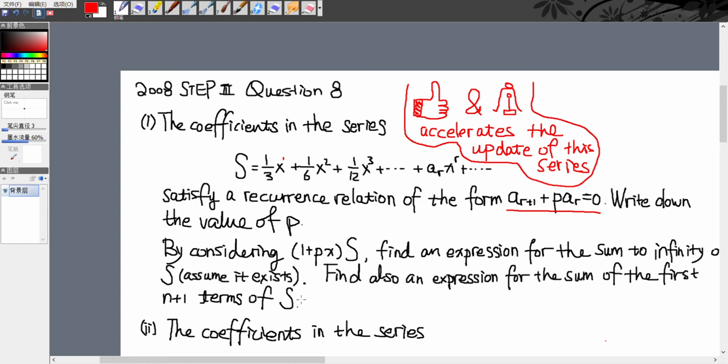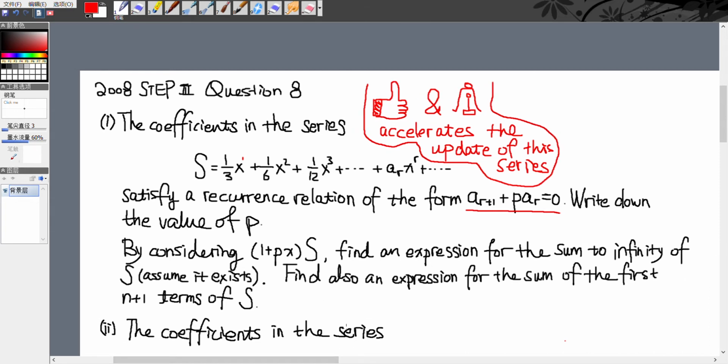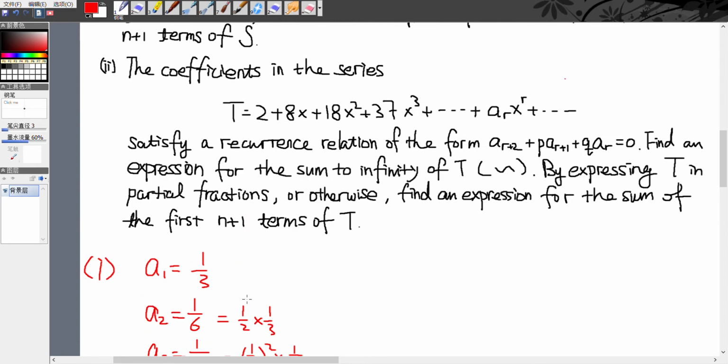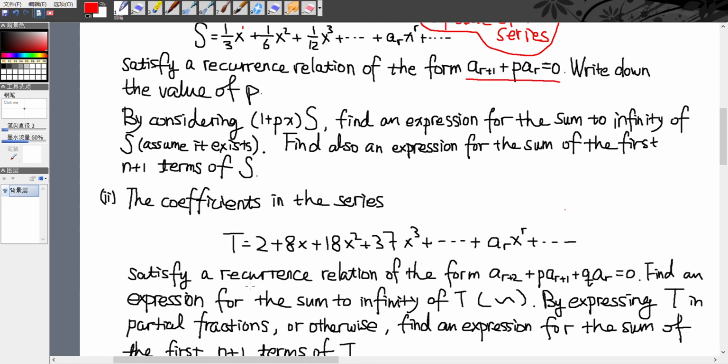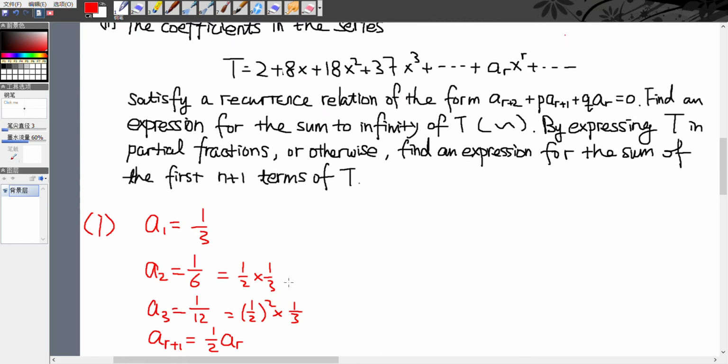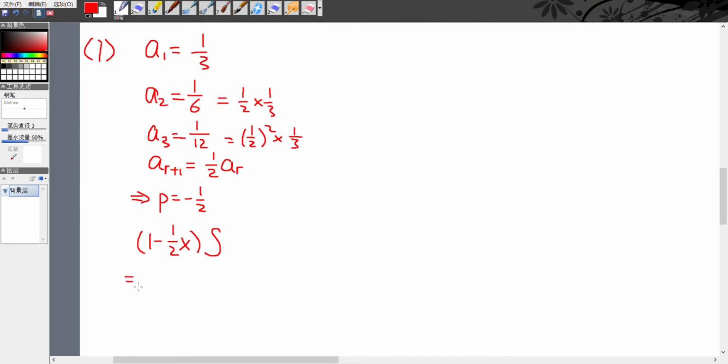And the second question asks us, by considering (1 + px), find an expression for the sum to infinity of S, assume it exists. So by considering 1 minus 1 over 2x times S, we need to find the expression for the sum to infinity of S. So let's see what is the result of this expression.